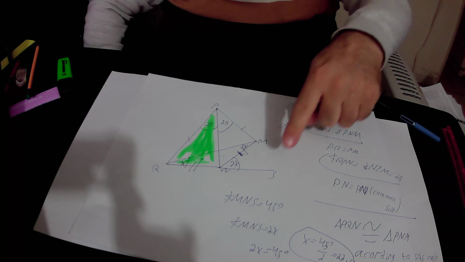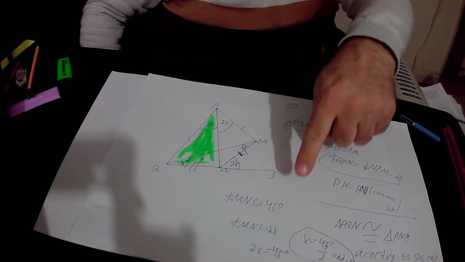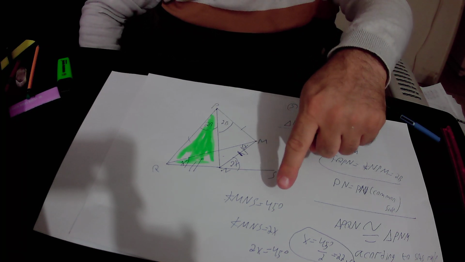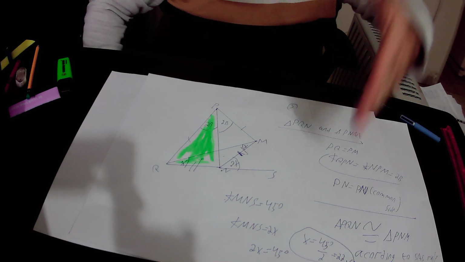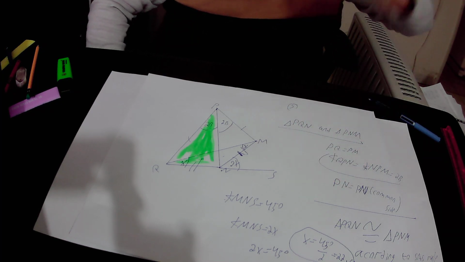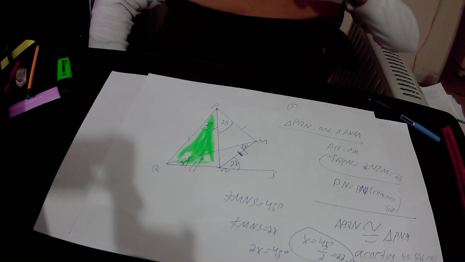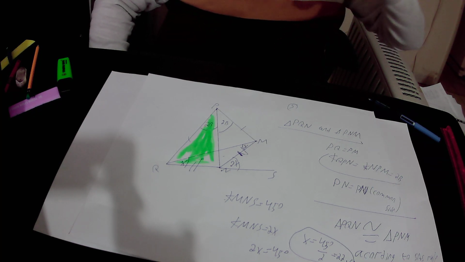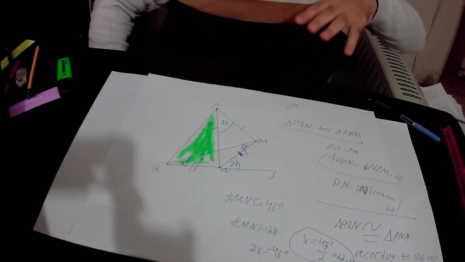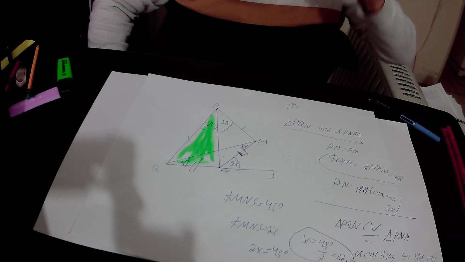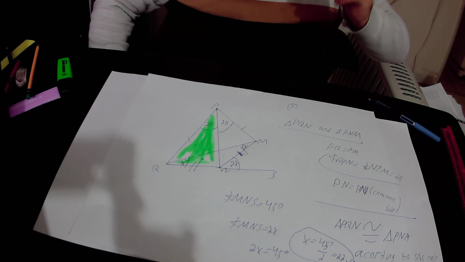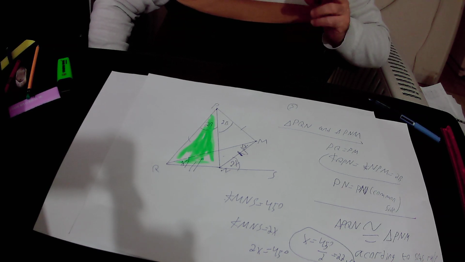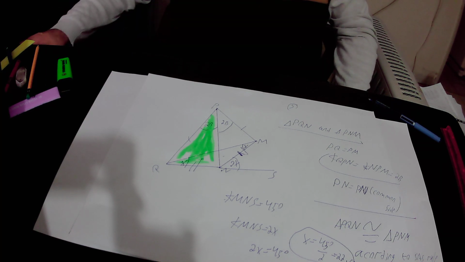So from one side, angle MNS equals 45 degrees. From the other side, angle MNS equals 2x. So 2x equals 45 degrees. Therefore, x equals 45 degrees over 2. So we found out that angle x equals 22.5 degrees according to the second method. Okay, thank you very much.